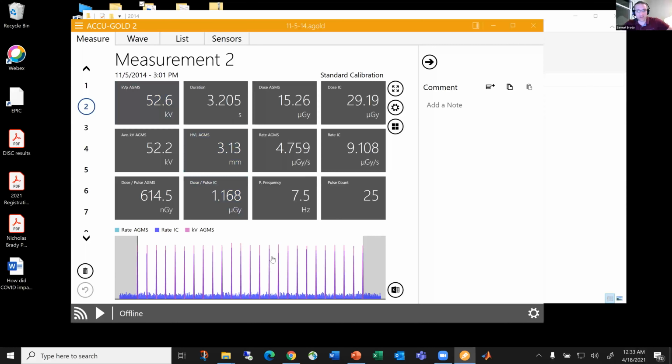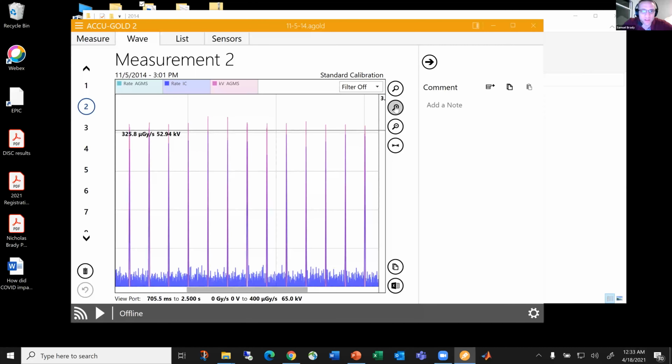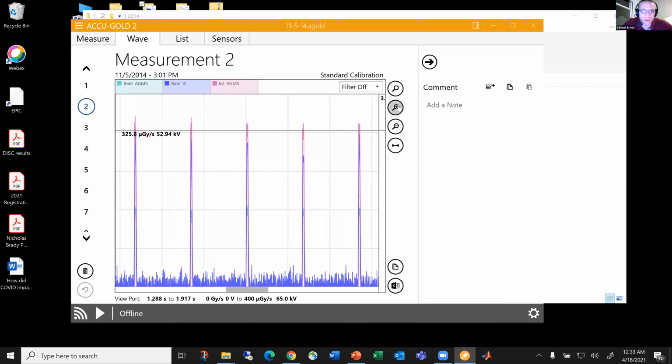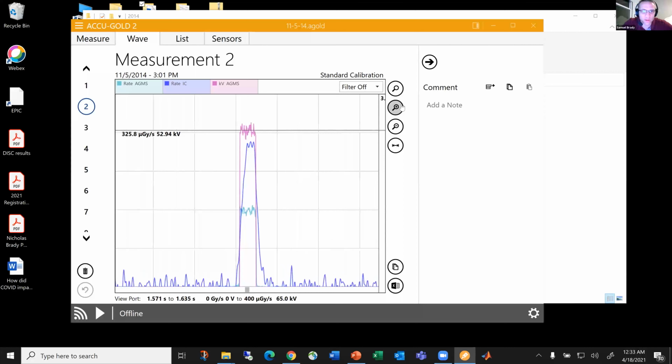Or I can't do that here because my system's not actually hooked on. If I actually click on this button, actually let me, I'll be darned. And if I zoom in really far, now you can see the pulse width.